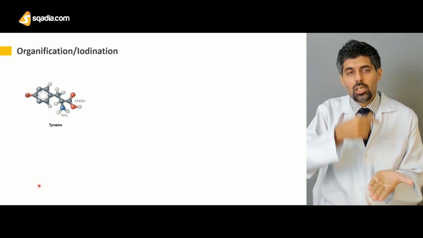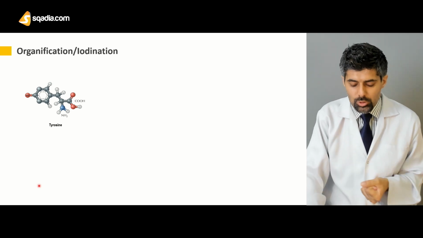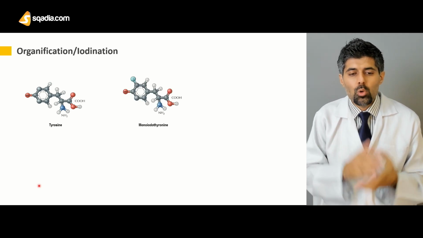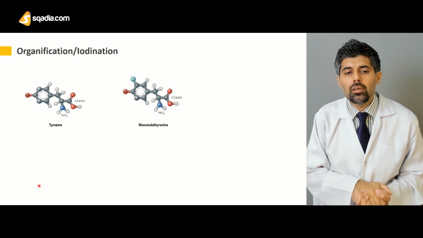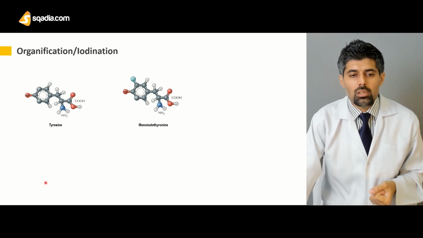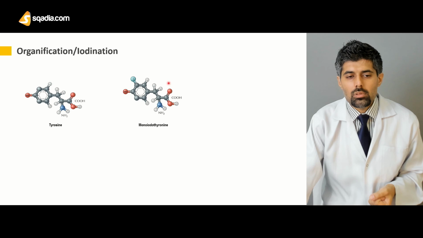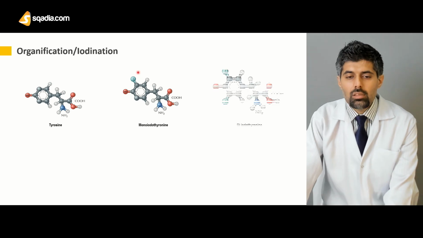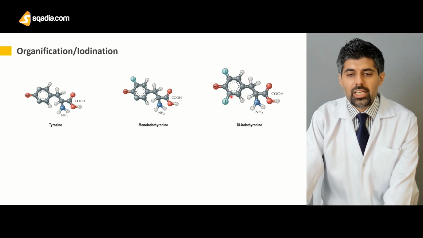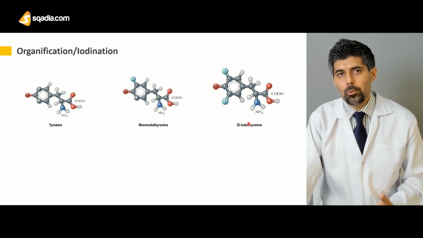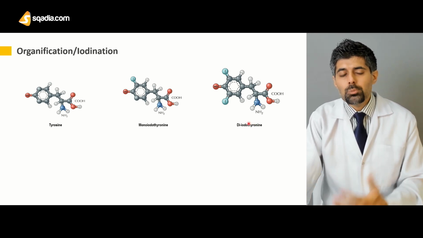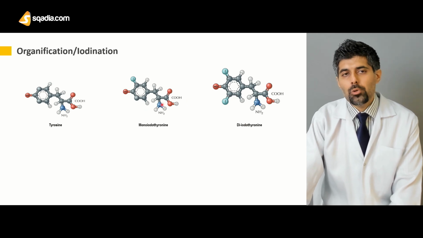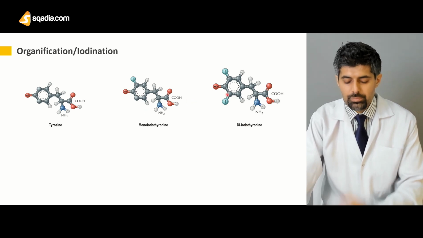As they attach, the tyrosine converts into monoiodotyrosine, or in other words, a simple tyrosine residue with one iodine attached to it. Then another iodine attaches and it converts into diiodotyrosine. At this point, we have two iodinated molecules.